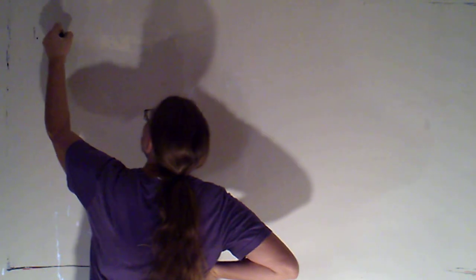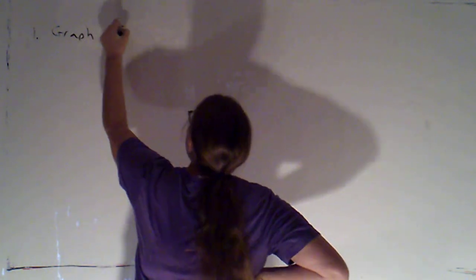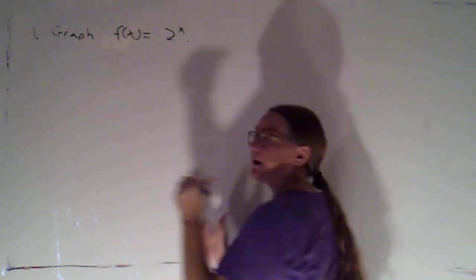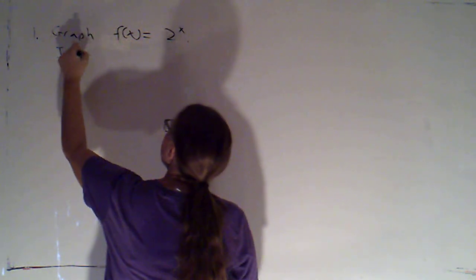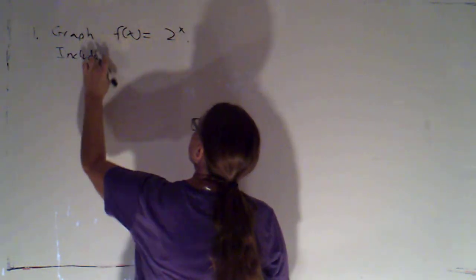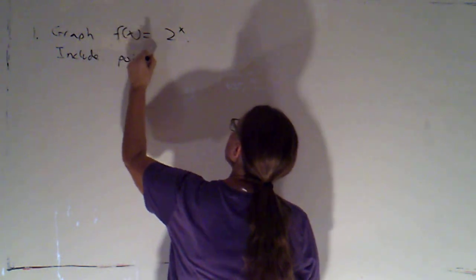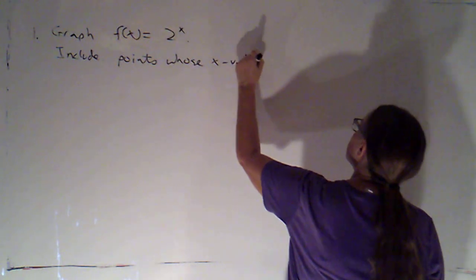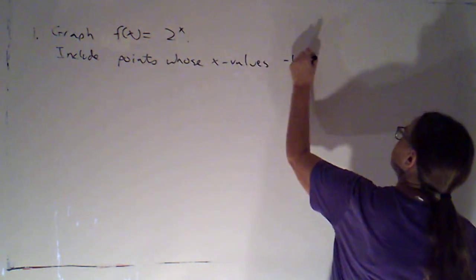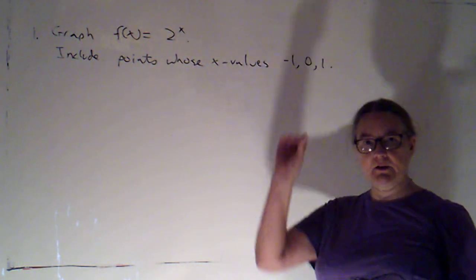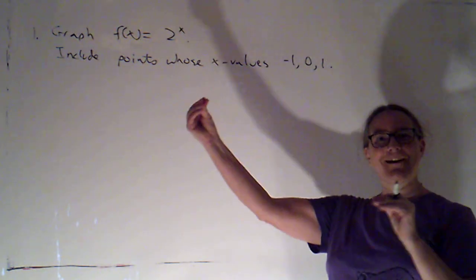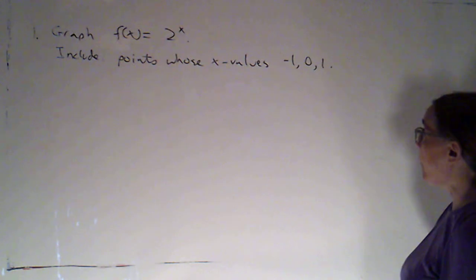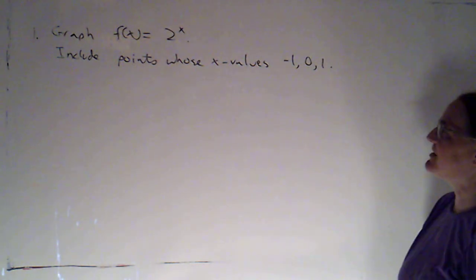First of all, I want to graph f of x equals 2 to the x. And I'm going to include the points whose x values are -1, 0, and 1. So I'll include the y-intercept and then 1 point on the right, 1 point on the left so that I get approximately the right growth rate going on both sides.